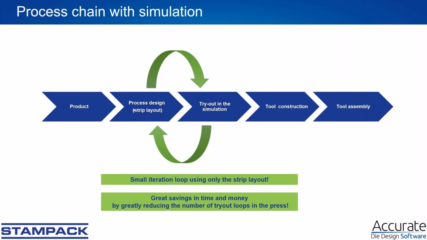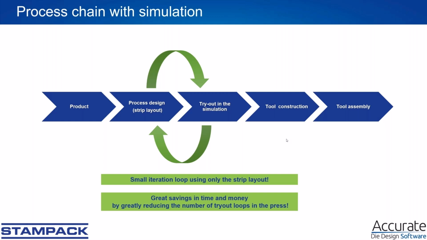The nice thing when you have simulation software is that once you have the strip layout, the designer himself, before the actual tool construction, can perform the tryout in the simulation based on the strip layout. So one person is iterating in a very fast, agile loop, and only when he's happy is the tool constructed, assembled to the press, and we go to production.